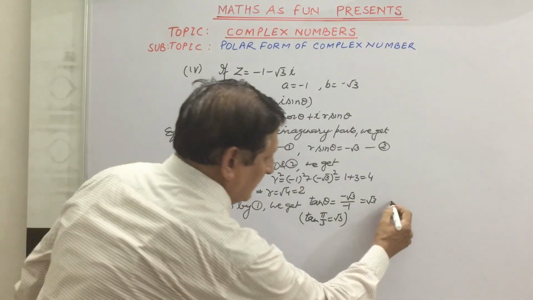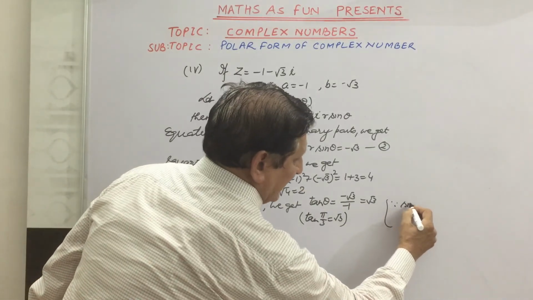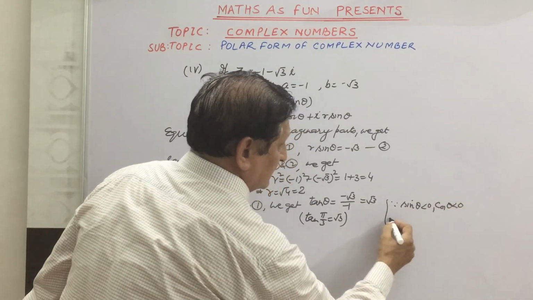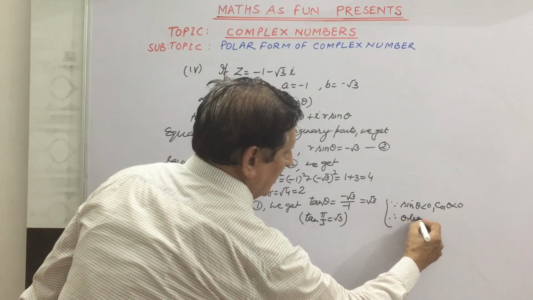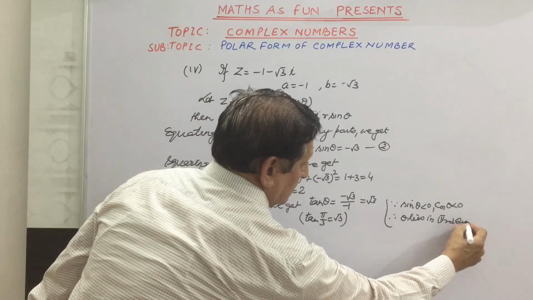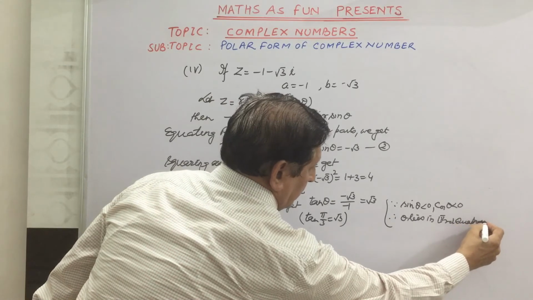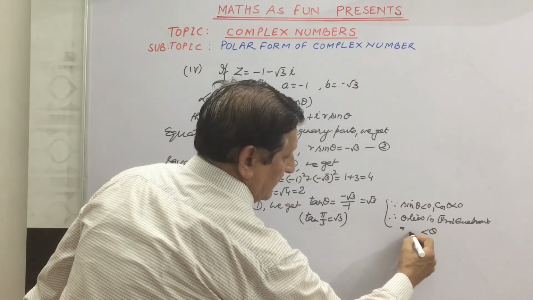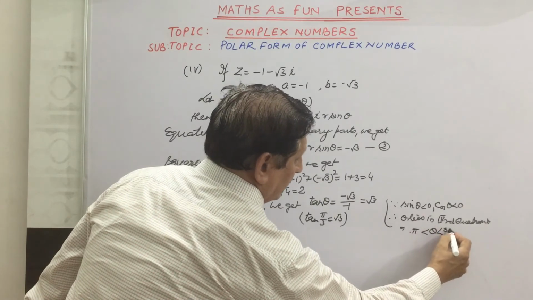We will write here, since sin theta is less than 0 and cos theta is also less than 0, therefore theta lies in the third quadrant. It means theta lies between pi and 3 pi by 2.